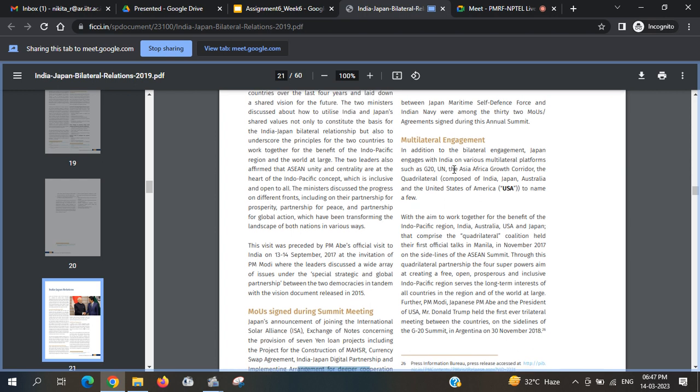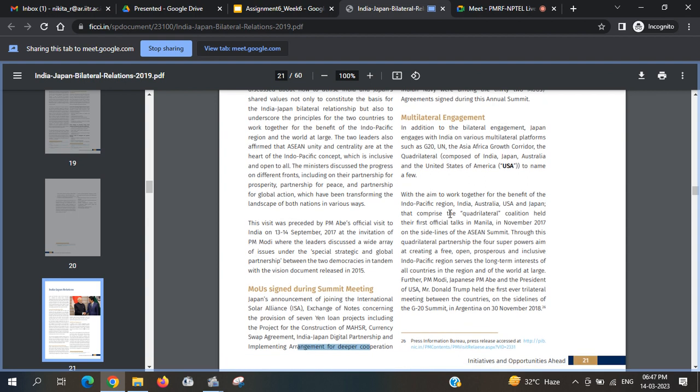So there exists a bilateral engagement between India and Japan as a part of different multilateral platforms. So for example, G20 is one platform of which both India and Japan are member countries. United Nations is another platform. Then Asia Africa Growth Corridor is another platform of which both India and Japan are member countries.